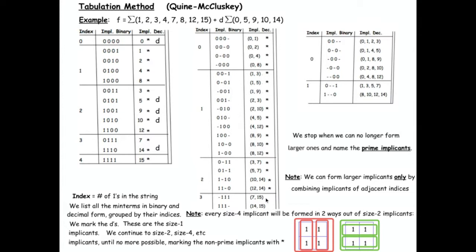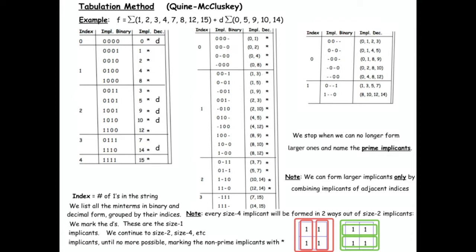That means that whatever we end up with, we'll have those in our final formula. We'll have a little implicant of 7 and 15, and a little implicant of 15 and 14, right? So we cannot get rid of them, because they're not next to any other pairs that we can nicely circle.